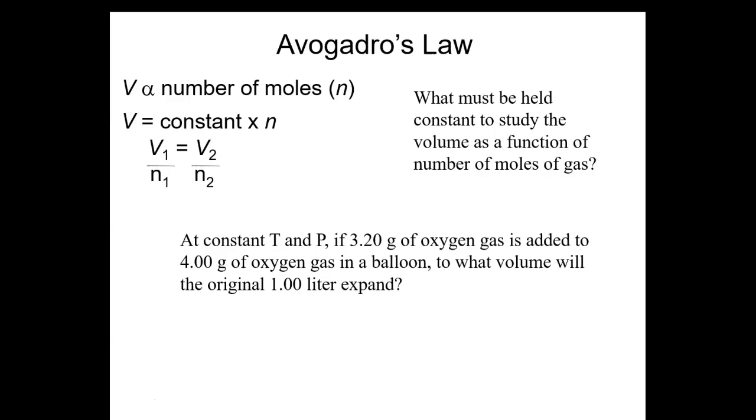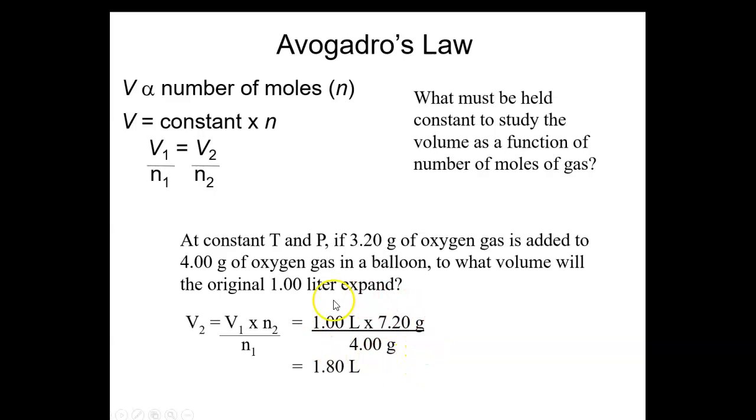So here's a problem. At constant temperature and pressure, if 3.2 grams of oxygen is added to 4 grams of oxygen in a balloon, to what volume will an original 1 liter expand? Note, we are adding gas, just like we would in a normal fun adding to a balloon's volume. So we solve this equation here for V2 by multiplying by N2, and we get V1 times N2 over N1.